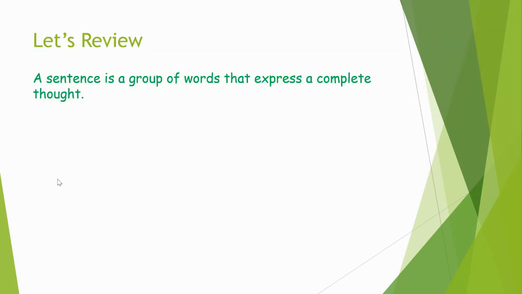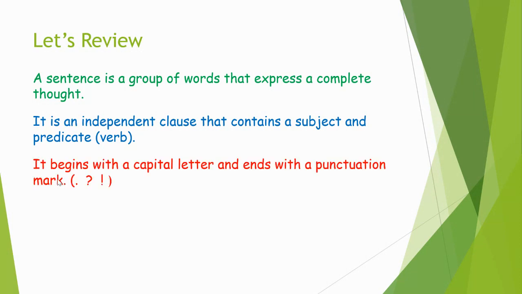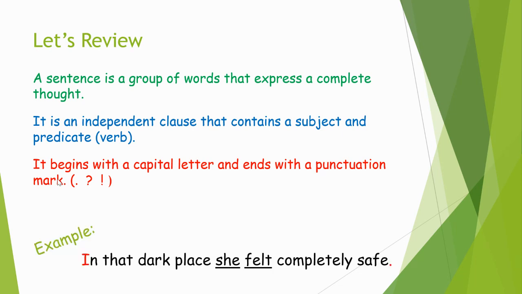So let's review. A sentence is a group of words that express a complete thought. It's an independent clause that contains a subject and a predicate. It begins with a capital letter and ends with a punctuation mark, either a period, a question mark, or an exclamation point. So let's look at our example. In that dark place, she felt completely safe.